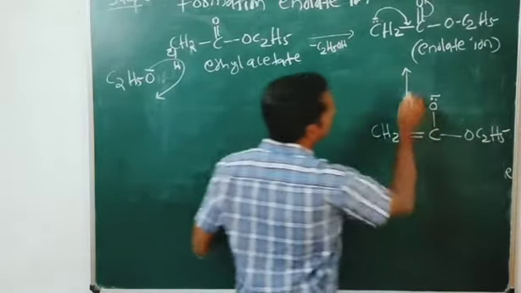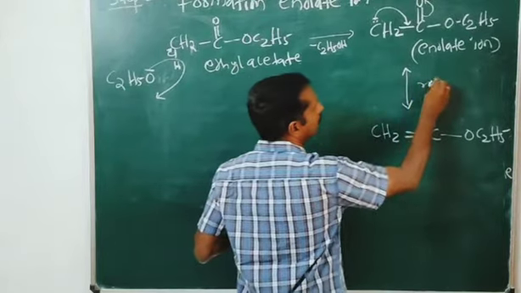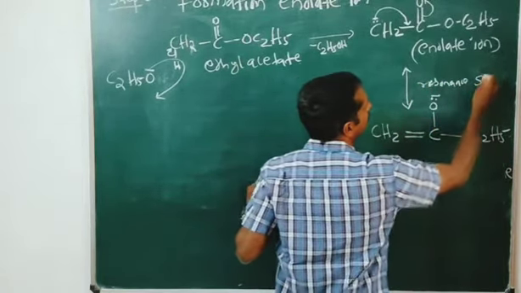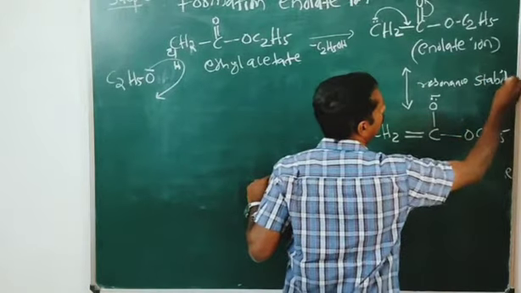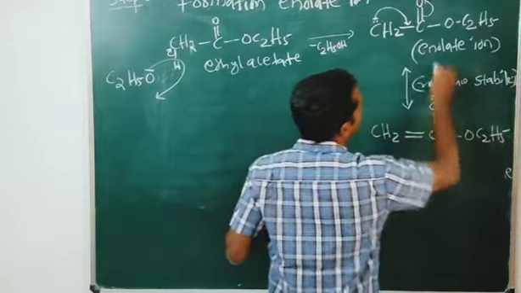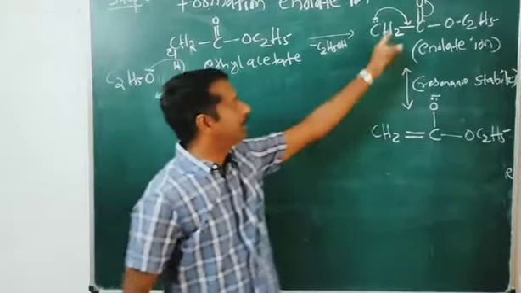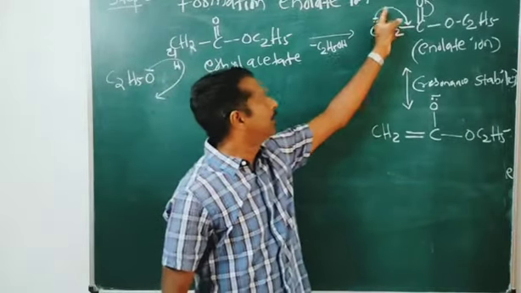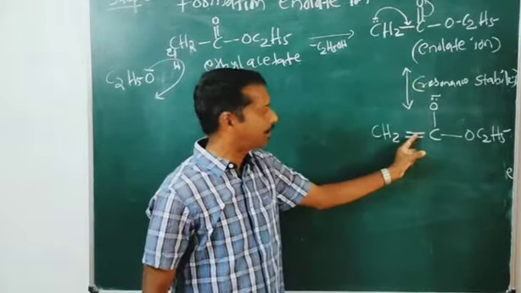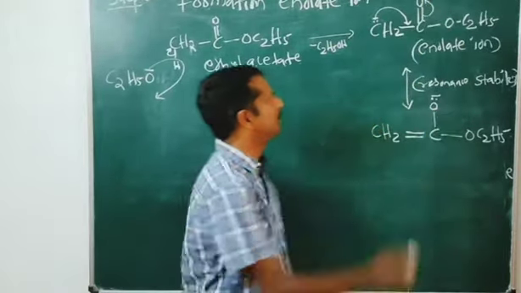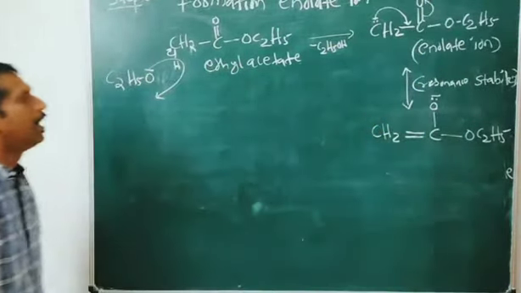This is very important: the resonance stabilization of enolate ion. This pair of electrons will be shifted to here, so it becomes a double bond, and then this pair of electrons will be shifted to oxygen.